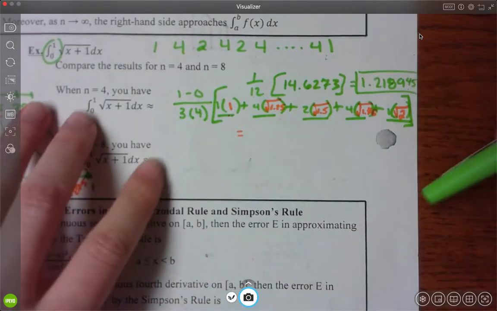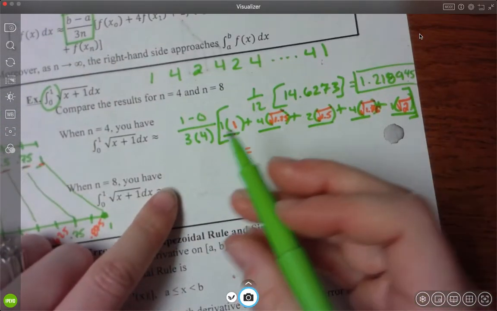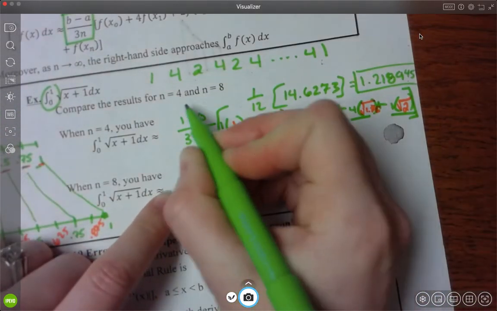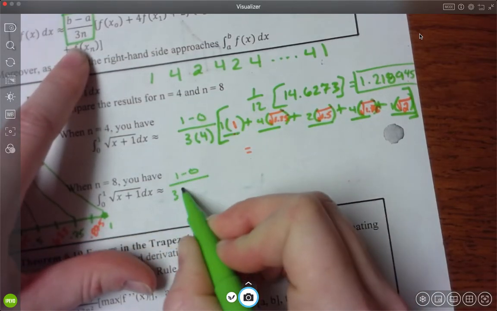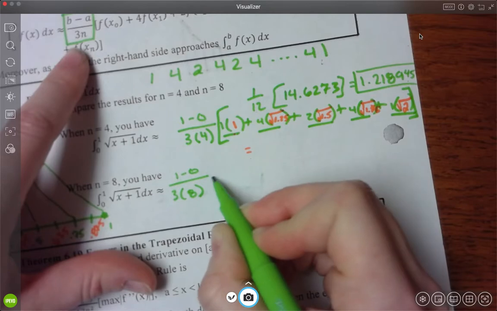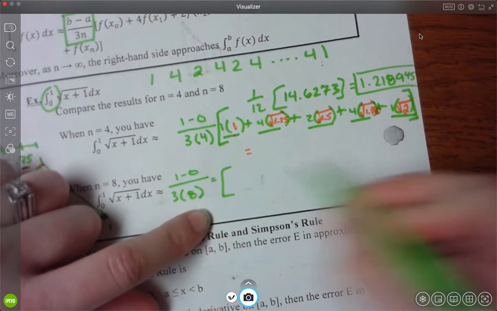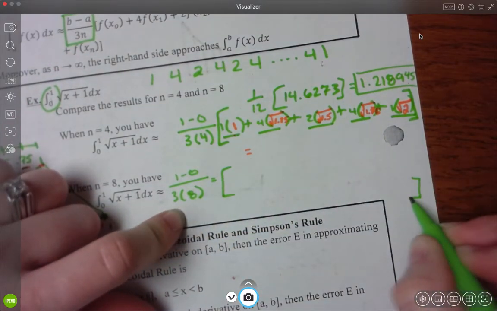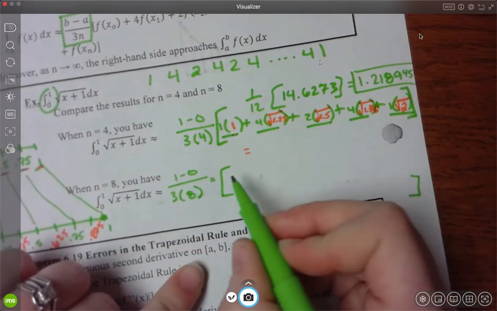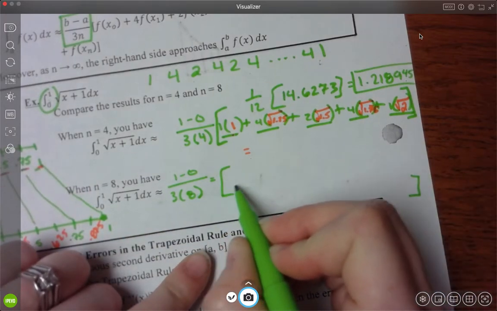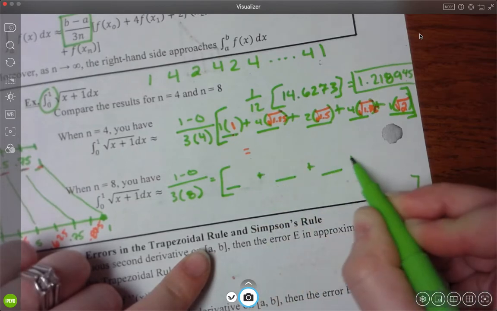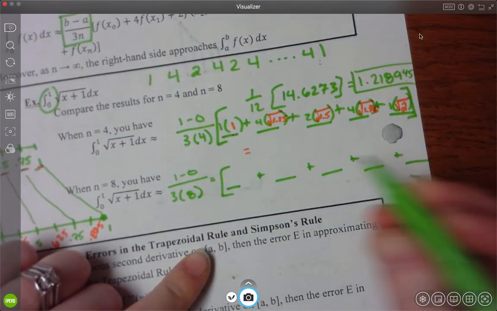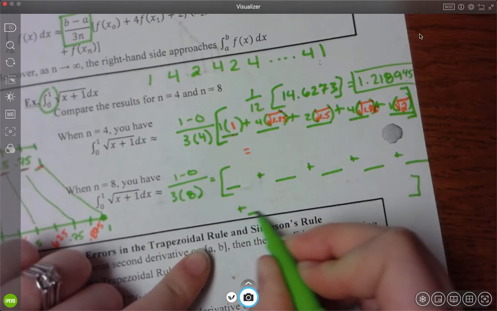Now when I'm separating them into 8, let's see what that will look like instead. So still b minus a over 3n, 1 minus 0 over 3 times 8 now instead. And now I have all of this junk here. I'm probably going to end up having to go on to 2 lines. Okay? So 1, 2, 3, 4, 5, 6.